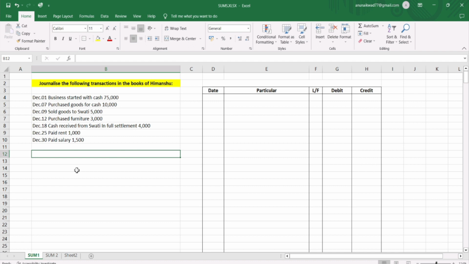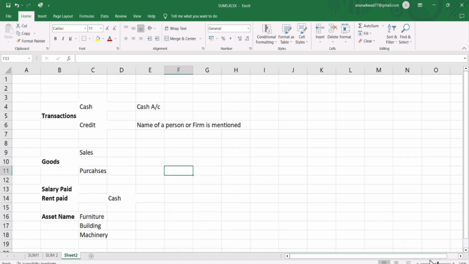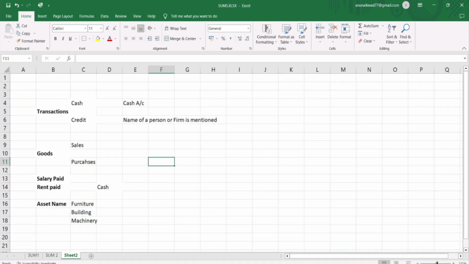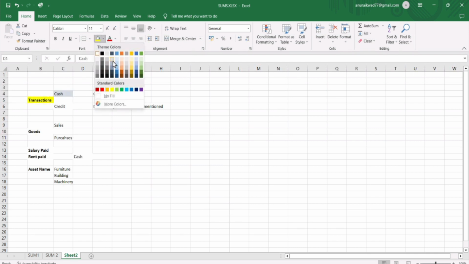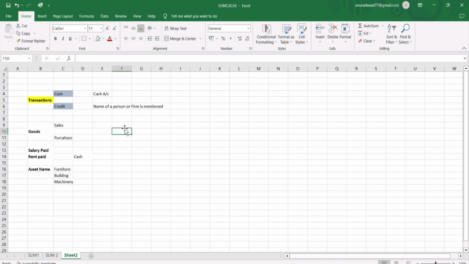Before we start to record these transactions, I want to bring to your notice a few points on how to analyze them. There are two types of transactions, cash transactions and credit transactions.